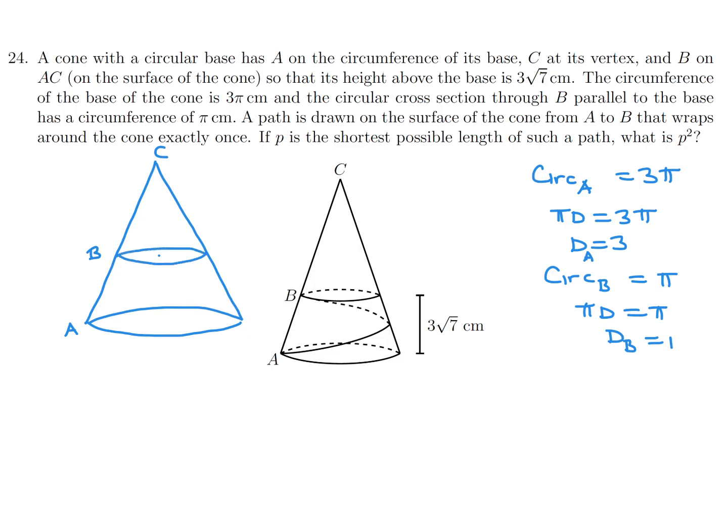Okay, so if that's the center and that's the center, then let me just draw these lines here. So we had the diameter of A is 3, so that means from here to here would be 3 over 2, 1.5. The diameter of B is 1, so that means from here to here is the radius, 0.5.